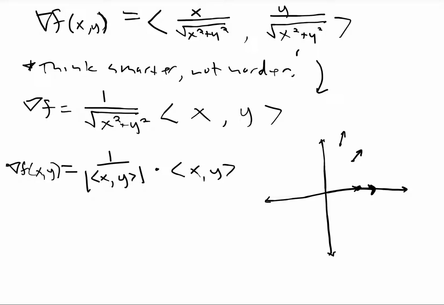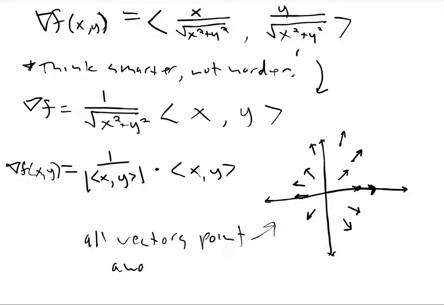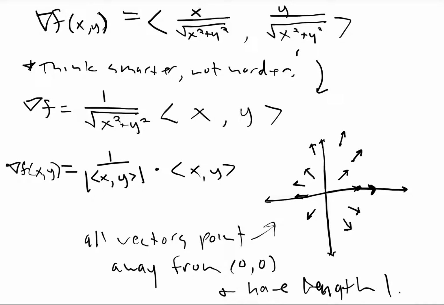draw one of these vectors, you are basically heading away from the origin, right? Every single one of these is going to head away from the origin, but it's all going to be the same exact length. Alright, so I'll go ahead and note that all my vectors point away from 0, 0, and have length 1.